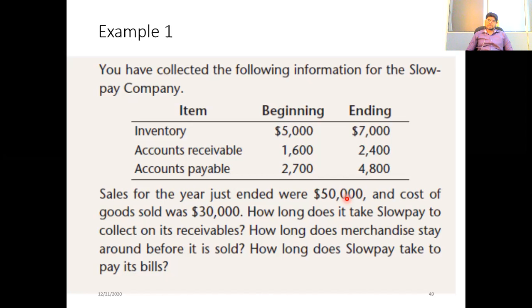How long does slow pay take to pay its bill? So they are simply asking debtors collection period, inventory holding period, and debtors payable period. So we'll work out on this, right?